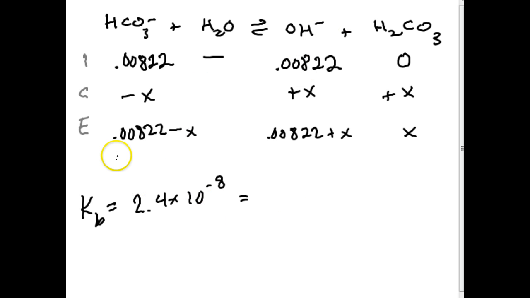But I'm just looking at this being 0.00822. This number is already pretty small. So maybe the minus x might turn it into a 0.00821 or something. I'll just try it. I'm pretty sure that you wouldn't have to try it, but let's see.